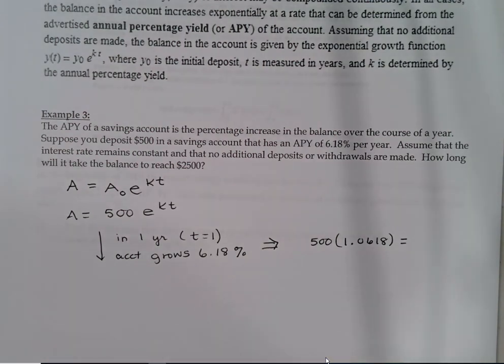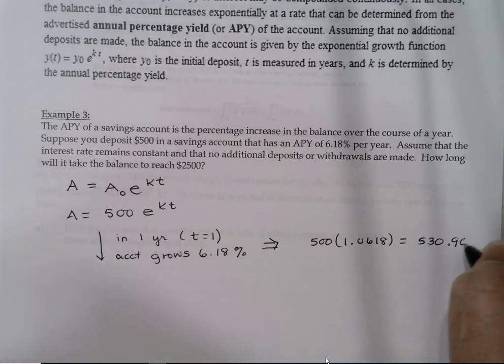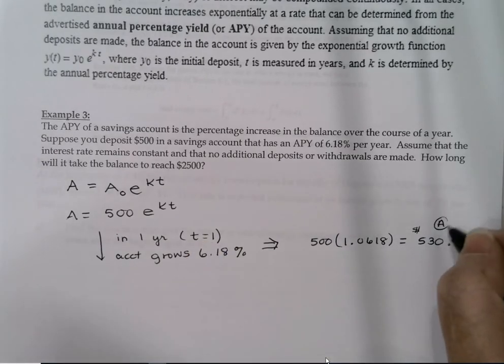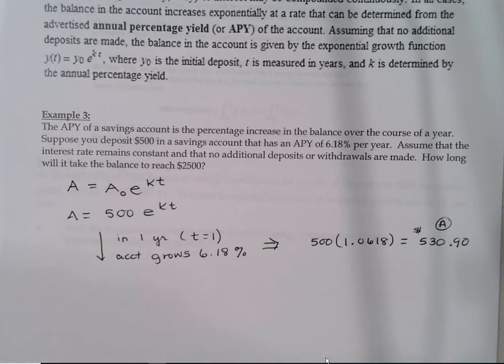That means that I'm going to have 500 times 1.0618, $530.90 in the account after 1 year. I'll take that information. This is my t. This is my A. I'll plug it in here, and that's going to allow me to solve for the k.